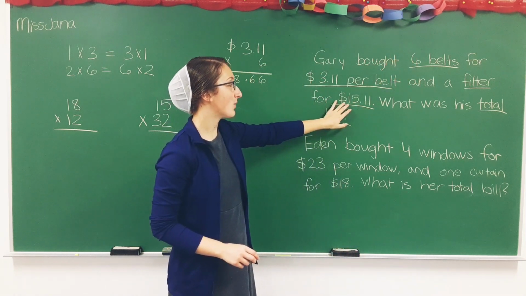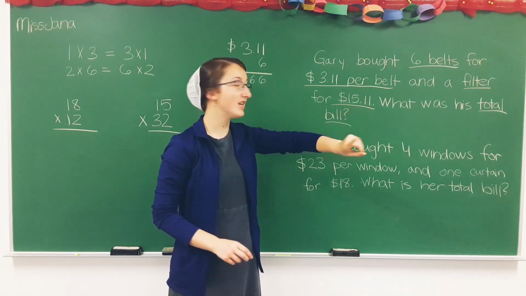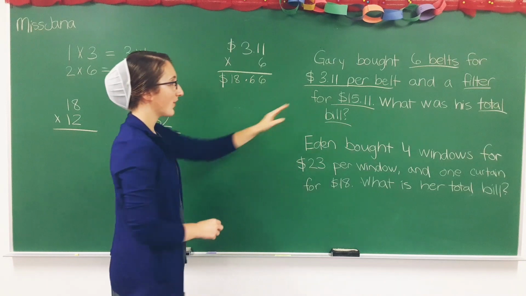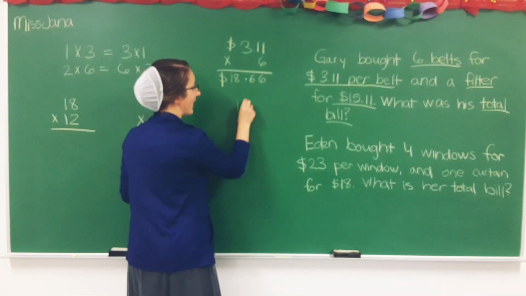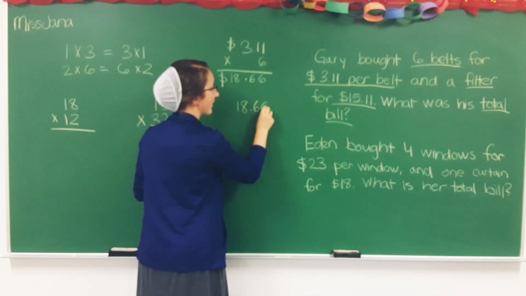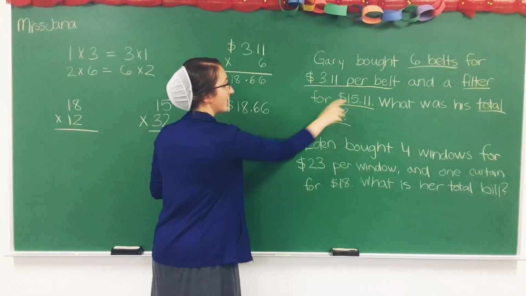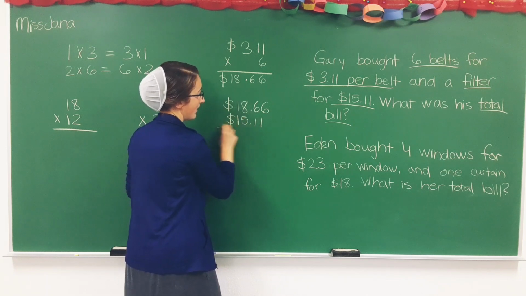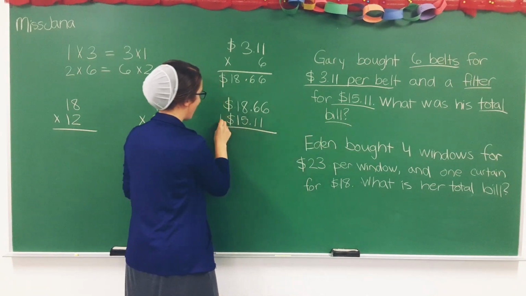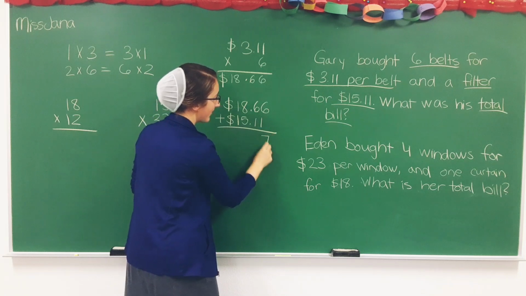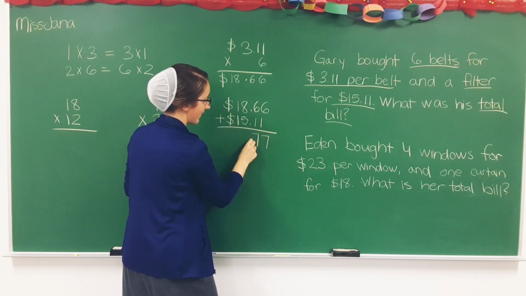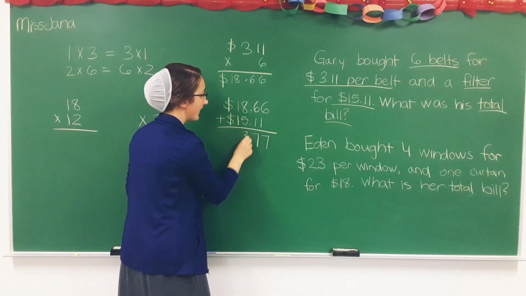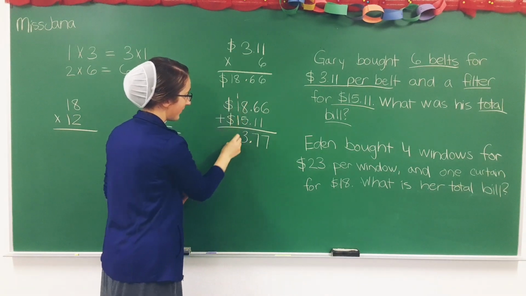Now that we know how much he spent on belts, and we know how much he spent on the filter, because he bought 1 filter for $15.11, we need to find his total bill. So we have $18.66 for the belts, and $15.11 for the 1 filter. Let's add these together. 6 plus 1 is 7, 6 plus 1 is 7, and then 8 plus 5 is 13, and 1 plus 1 plus 1 is 3.